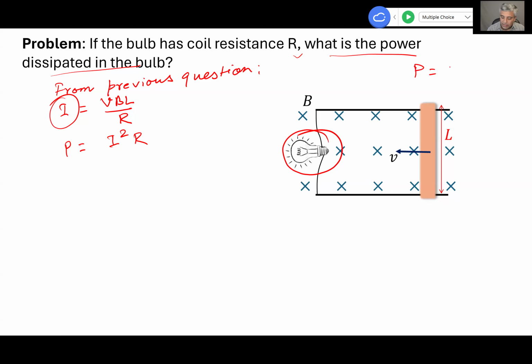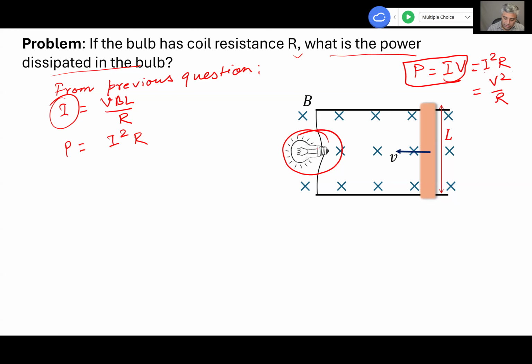Remember, power can be written three different ways: I times V, V squared over R, and I squared times R. So this is the basic definition, and we can use Ohm's law and write it like that, or like that. Power can be written three different ways depending on what we know.